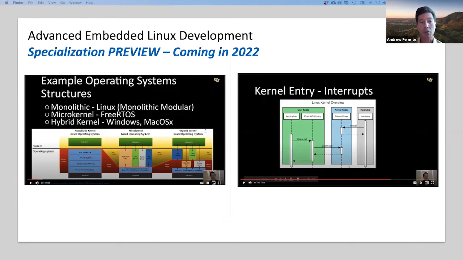Next, you'll learn Linux kernel development concepts, develop a custom Linux driver, and deploy an embedded device with the Yocto project. You will complete the specialization with a final project of your choice, developed and demonstrated on hardware of your choice, and implemented using agile development methodologies. So again, similar to the other 5 specializations already available in our embedded systems engineering space, clearly this content will provide very rigorous and transformative knowledge and skills.